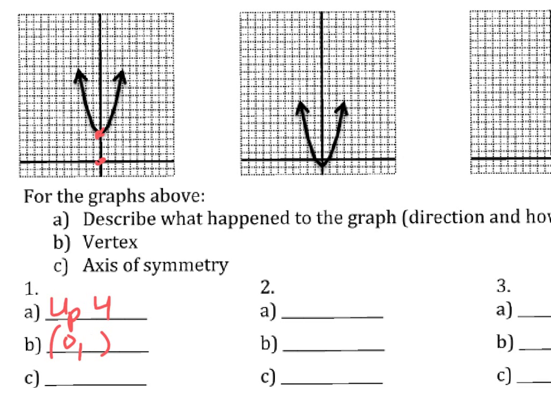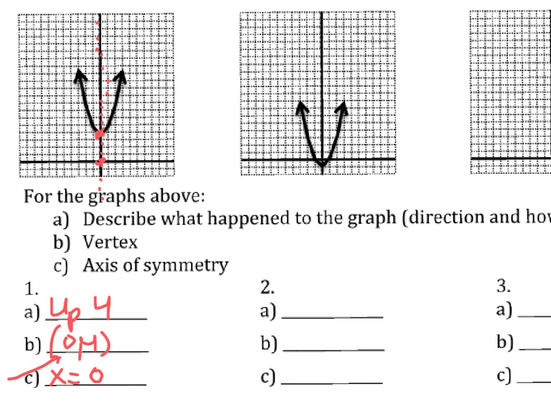And the axis of symmetry is always a vertical line, like this dotted line, that goes through the x value of your vertex. So the x value of the vertex is right there. It's 0.